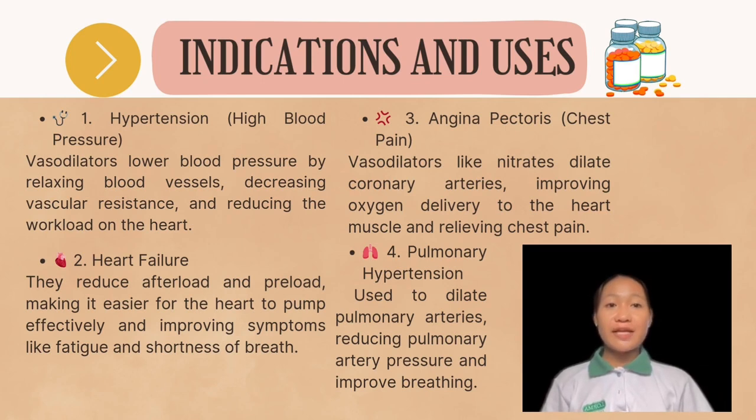Third is angina pectoris or chest pain. Vasodilators like nitrates dilate coronary arteries, improving oxygen delivery to the heart muscle and relieving chest pain. Fourth and last, pulmonary hypertension, used to dilate pulmonary arteries, reducing pulmonary artery pressure and improving breathing.